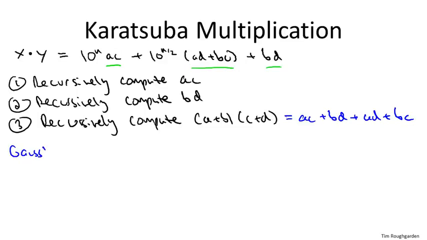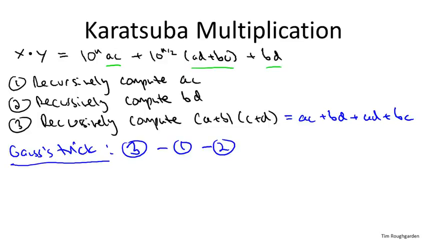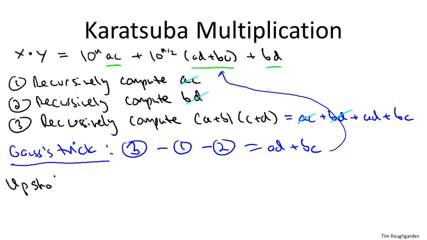And here is Gauss's trick, or observation, which is that we take the result of the third recursive call minus each of the first two. What happens? The AC is going to cancel the AC, the BD is going to cancel the BD, and we will be left with AD plus BC, which is exactly that middle coefficient that we cared about. So we can indeed compute the sum of AD and BC without separately computing each of them, and that's exactly what we wanted.